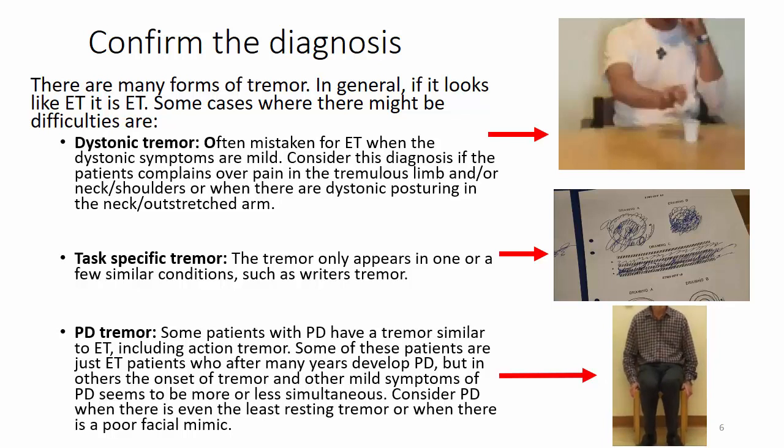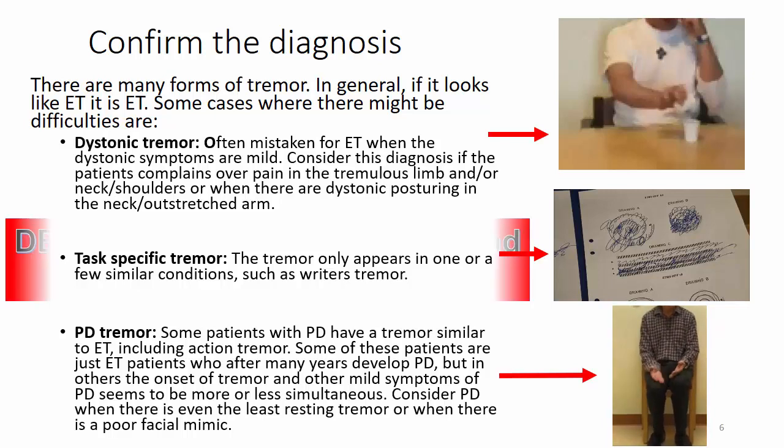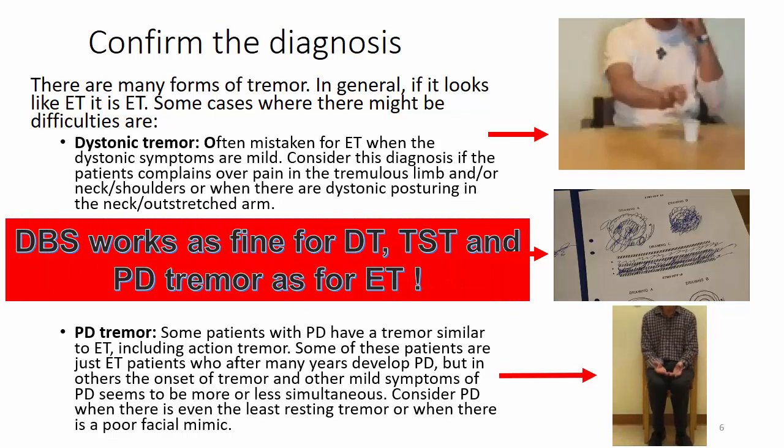Consider Parkinson's disease when there is even the least resting tremor or when there is a poor facial mimic. The good news is that DBS works as fine for dystonic tremor, task-specific tremor and Parkinsonian tremor as for essential tremor.